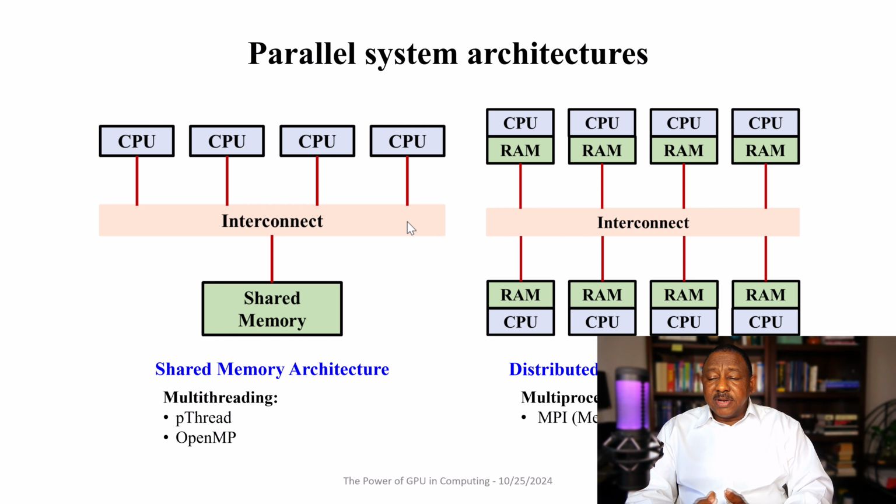For distributed memory architecture, we have multiple computers, and each computer is completely independent. By independent I mean that it has all the computing components like memory, cache, and everything. But those independent computers are connected with an interconnect, and then we need programming languages that can use these different workers or different computers to do things in parallel.